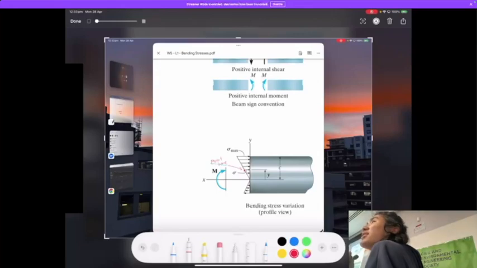Essentially, I think that this is positive y, and this is negative y, and the reason why we got the signs flipped is because, actually, I know why.